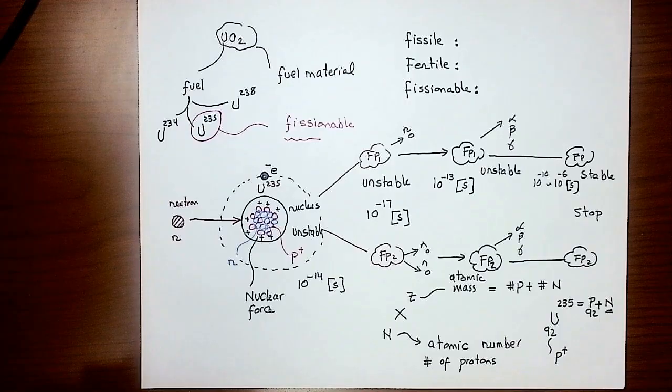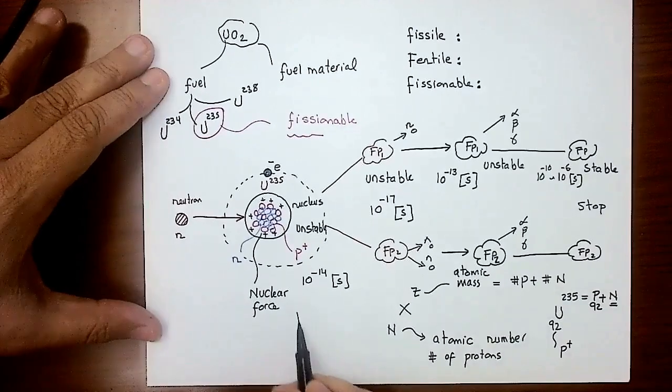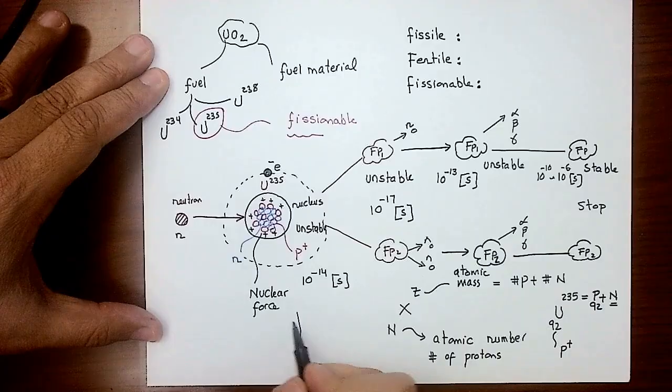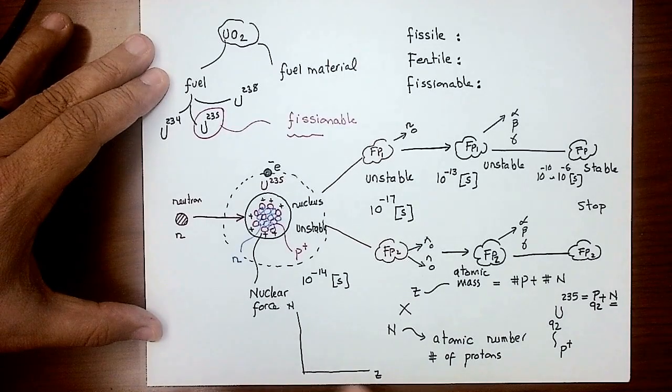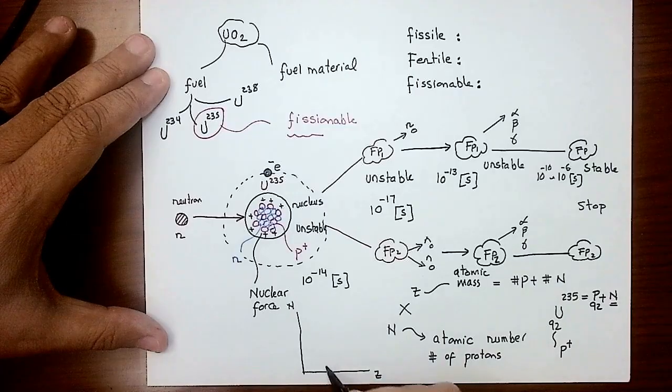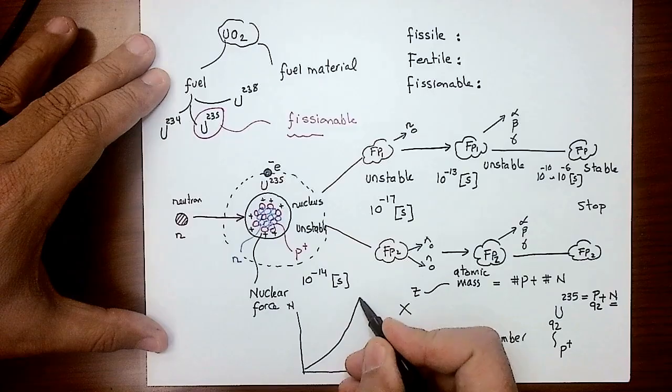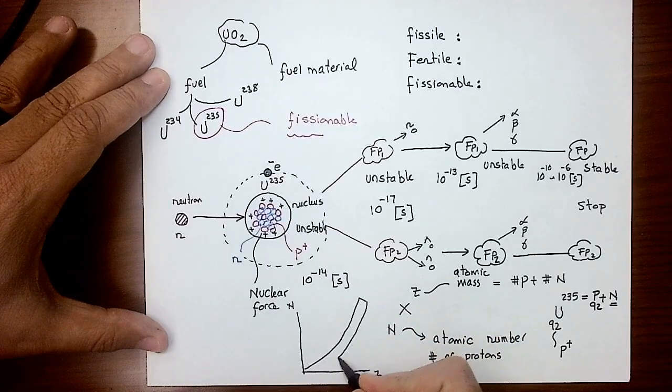Then there is a very famous chart called the stability chart. I'm not going to go into physics here, but this is the plot between N, the number of neutrons, and Z, the atomic mass. And this is very clear. That's a stability zone, a curve like this, right?